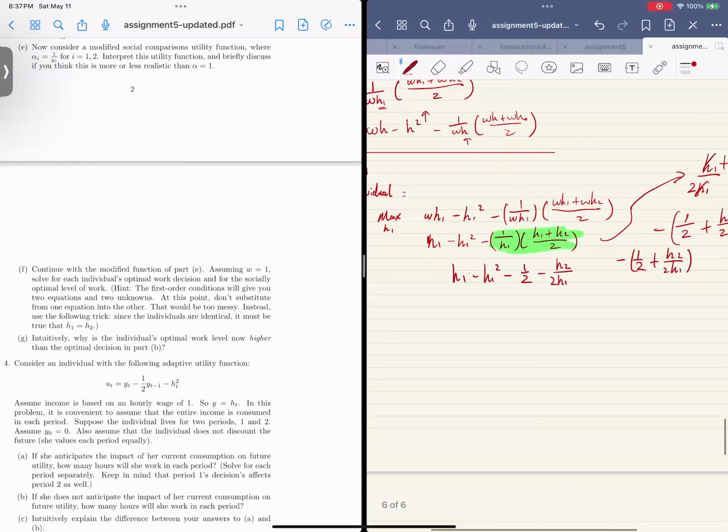And we're taking the derivative of this with respect to H1. So this will be 1 minus 2H1 minus 0 minus the derivative of H2 over 2H1.